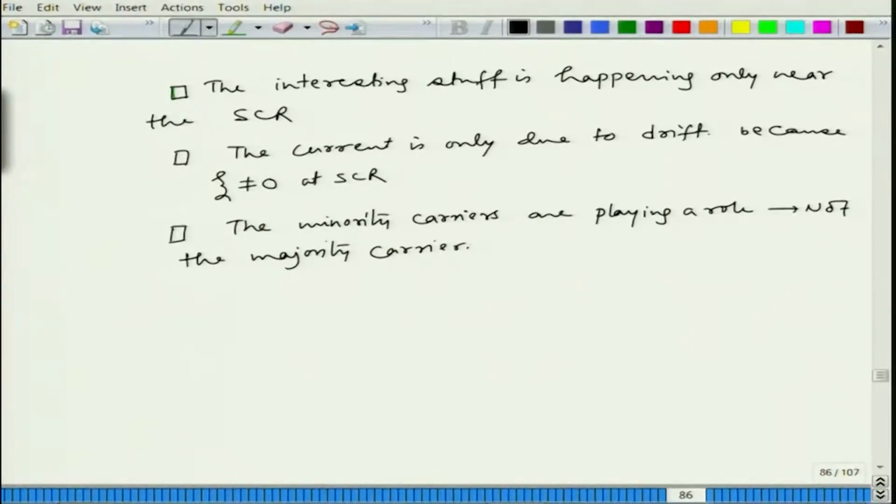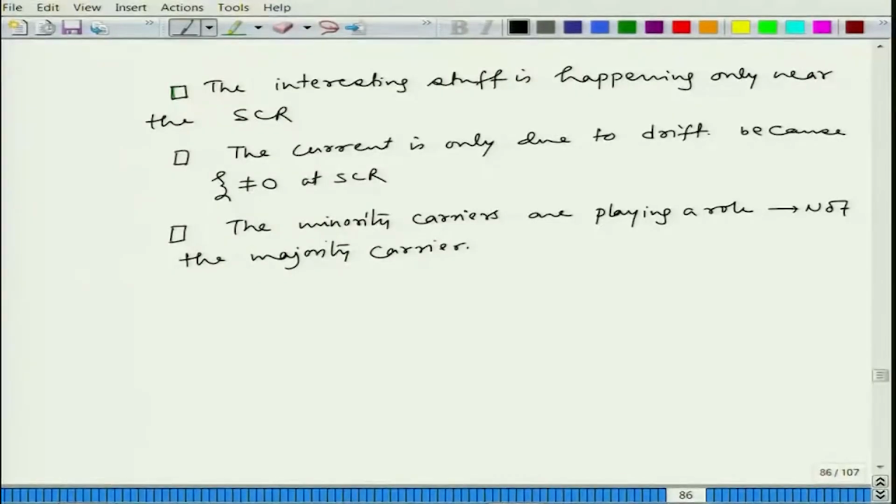You see that the majority carriers give you the background diffusion current and all, and they are of course important. Without the majority carriers, there is no point having minority carriers, they are interlinked. But in the photovoltaic effect, whatever interesting stuff you are getting is all contributed by the minority carriers. So, it is a very important and, I would say, very subtle point which you should keep in mind.